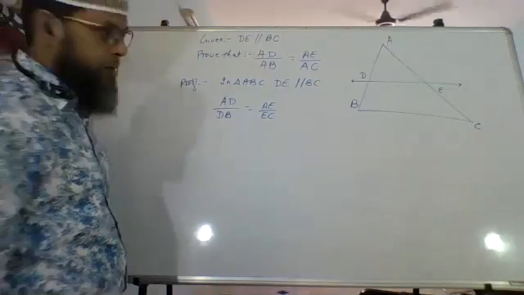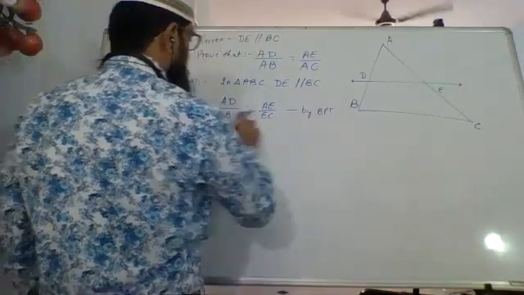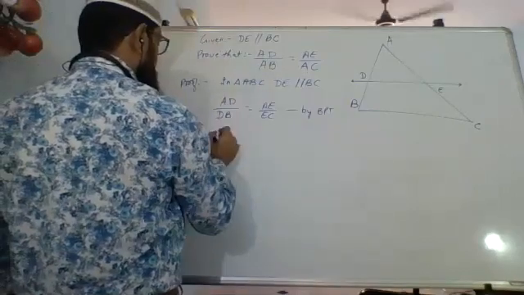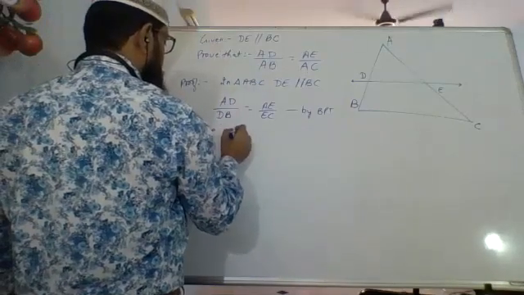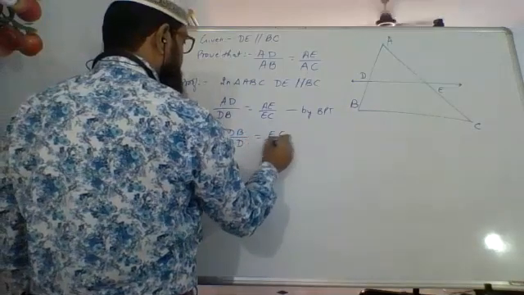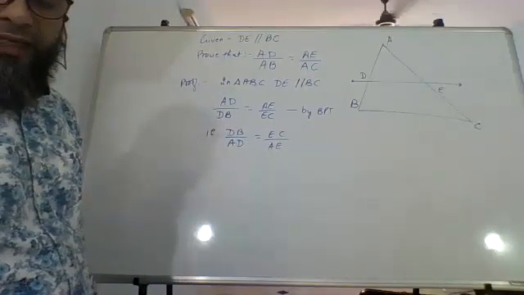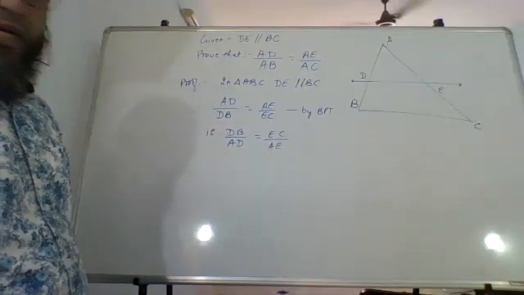This is by DPT. Now, if this is true, the reverse of this is also true. That is DB upon AD equals EC upon AE. This is called invertendo.